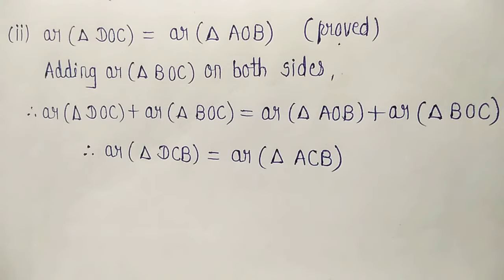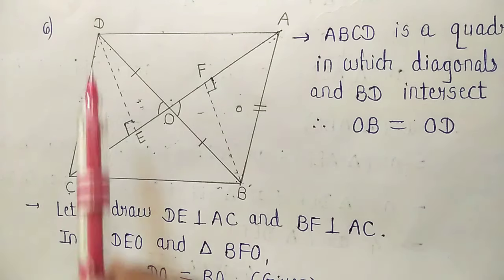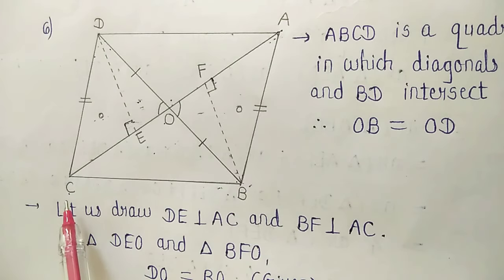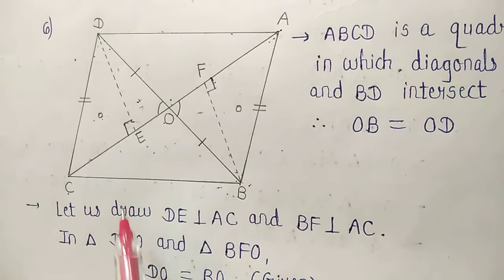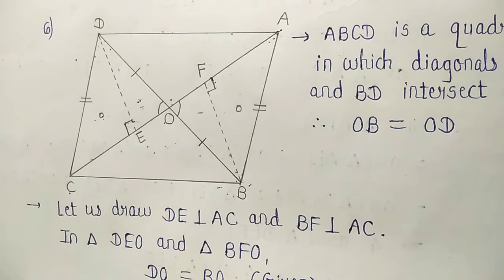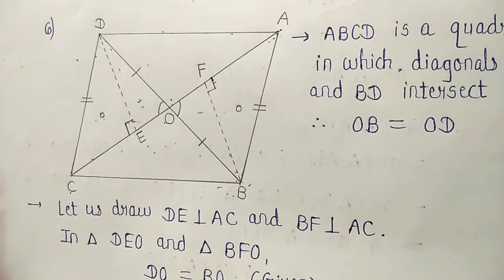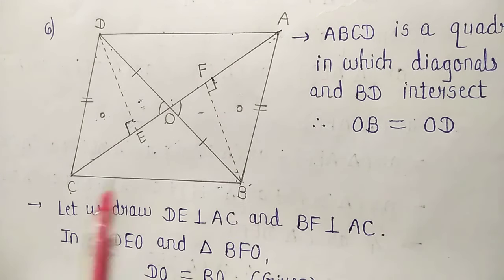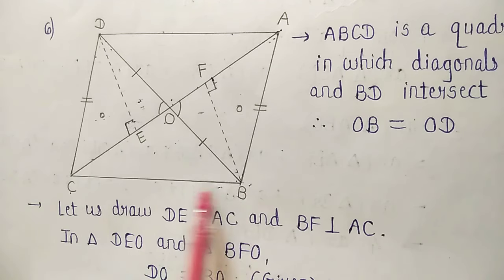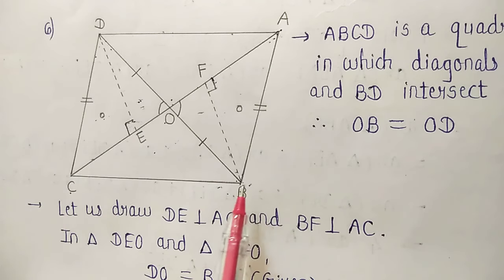Now in number 3, we have to prove DA parallel to BC, or ABCD is a parallelogram. If these two sides are parallel, then obviously it will be a parallelogram. For that, what do we do? We have two triangles, triangle DCB and triangle ACB. Both triangles have the same base, CB, and they have equal areas.